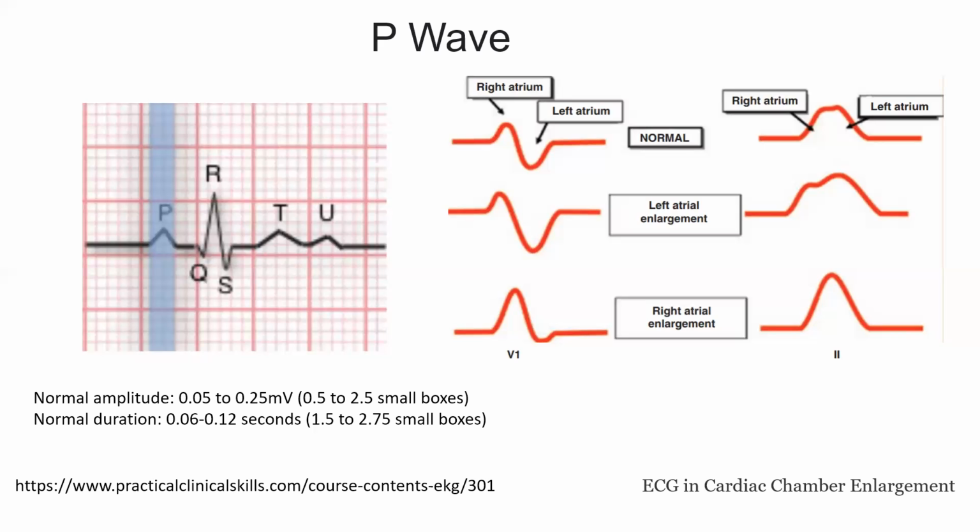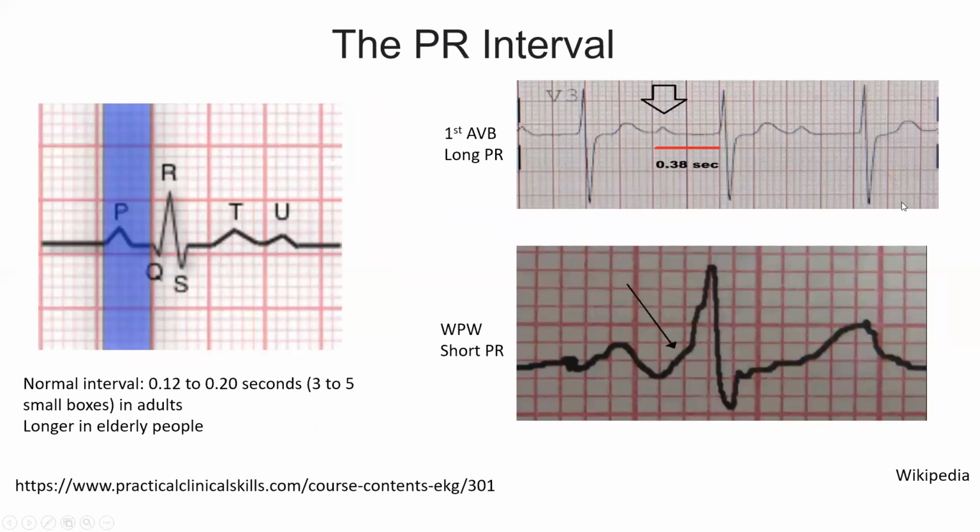So that's it. Next, we need to evaluate the PR interval. The normal range of the PR interval is 0.12 to 0.20 seconds, which equals 3 to 5 small boxes in adults, but it's a little longer in elderly people.